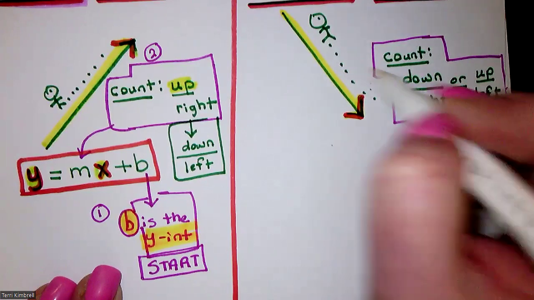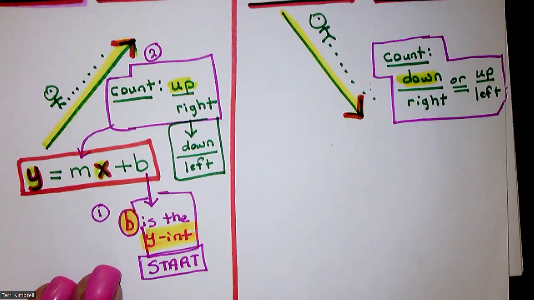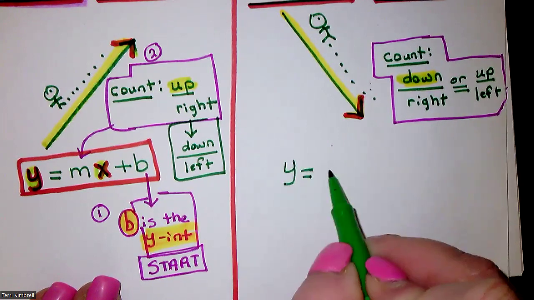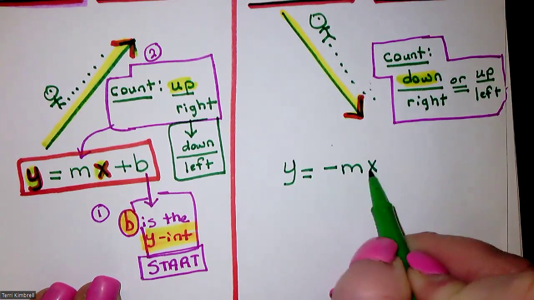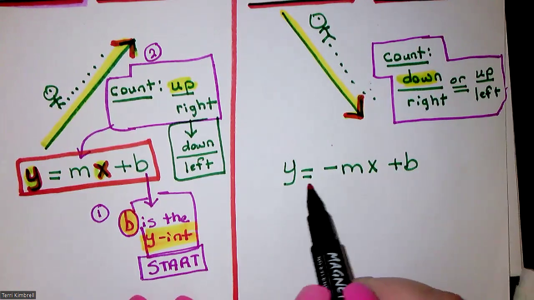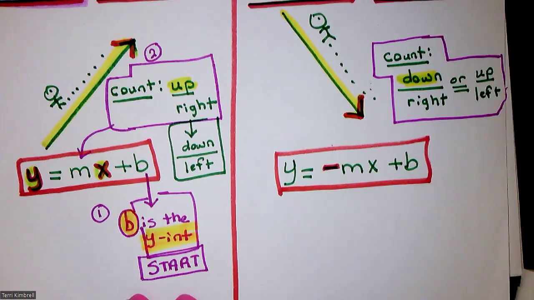Since this is going down and negative, it's down and right. And then you're always able to write the opposite. Okay, so with this type of line, the slope this time is going to be negative. So instead of having a positive number in front, you're going to have a negative number.